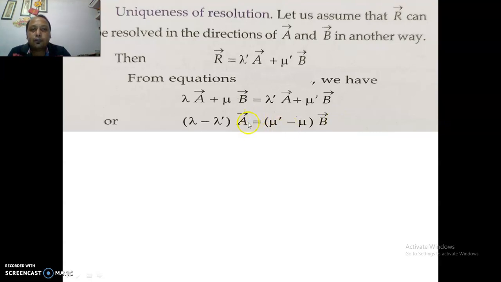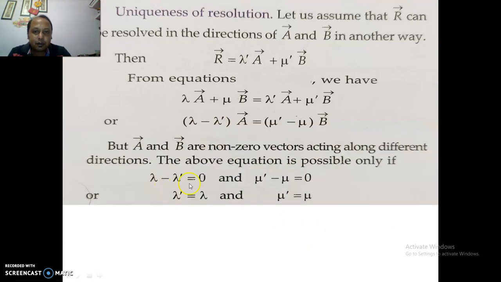So if they have to be made equal, they have to be multiplied by 0. That is, lambda minus lambda dash will be 0 and mu dash minus mu will be 0. So we can write lambda dash is equal to lambda and mu dash is equal to mu.